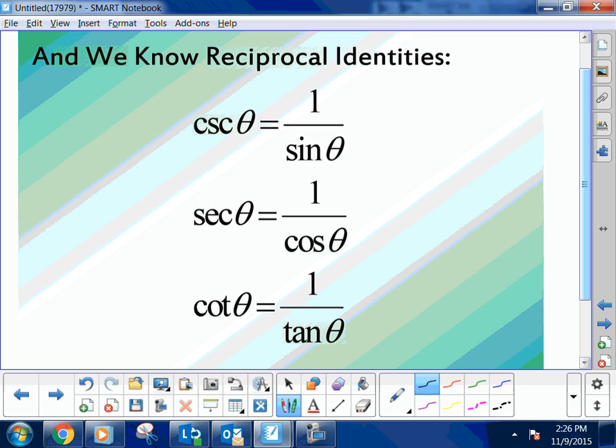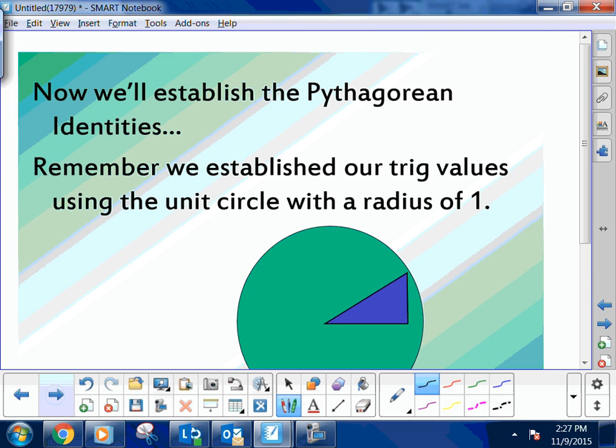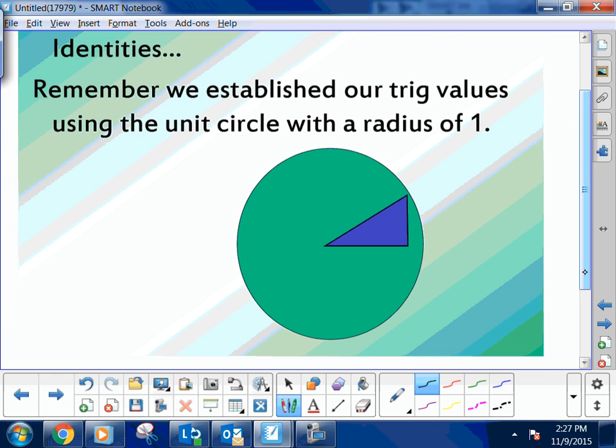All right, good. Now with these, let's go ahead and move into something that is very important, which is actually the identity. It's the one that forms most of the identities. Draw the unit circle.